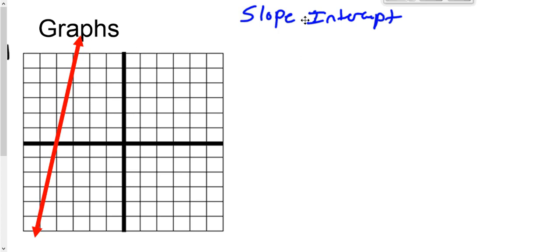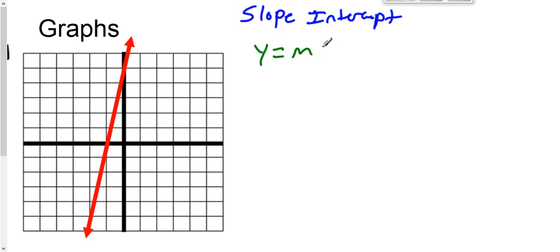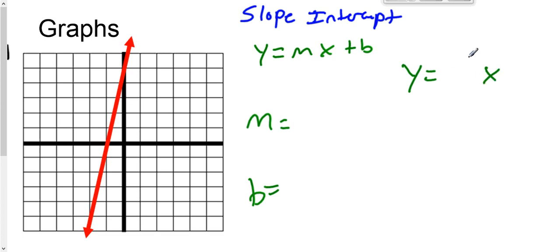So you can't use the intercept if you don't know where it is. You'd have to use point-slope form. But since it does cross, we're going to gather two pieces of information, because slope-intercept form requires us to find m, and it requires us to find b. We don't need to find x or y because our final answer is going to have that x and a y. What it's not going to have is the letter m and b. We need to replace that.